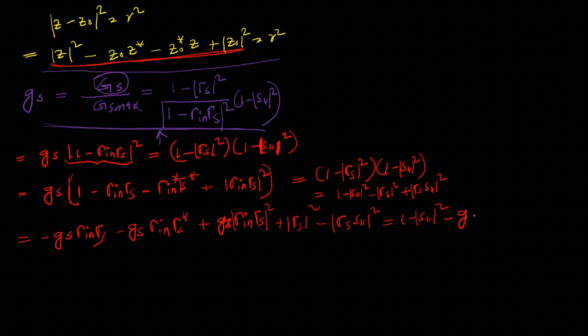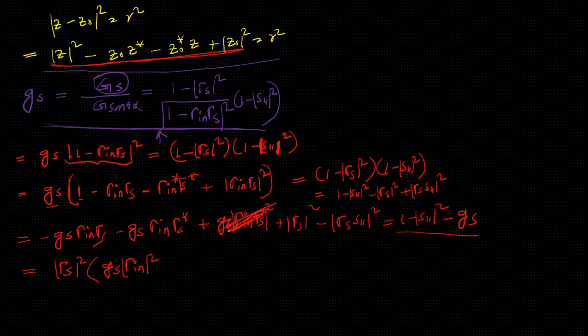And minus GS, because this GS into 1 will go to this side. So let me take |gamma S| whole square as common, so I'll get GS |gamma in| whole square.